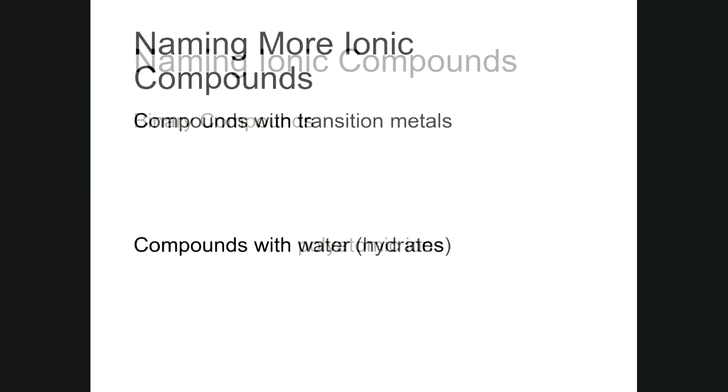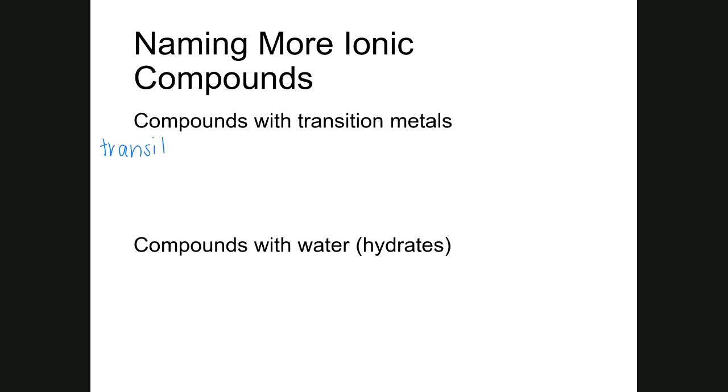It doesn't matter if the transition metal is part of a binary compound or part of a polyatomic ion compound. The only difference here is that recall that transition metals need their charge written in Roman numerals.